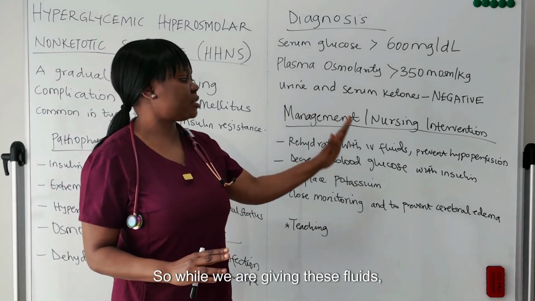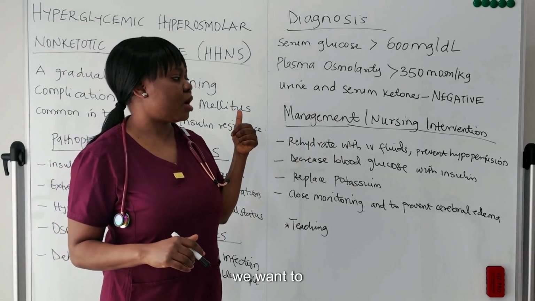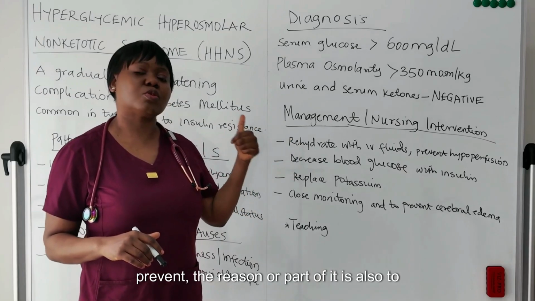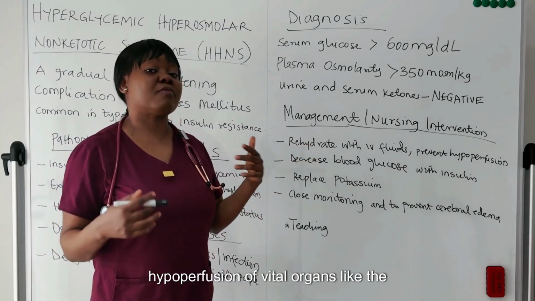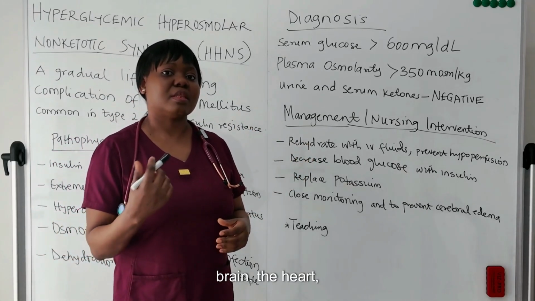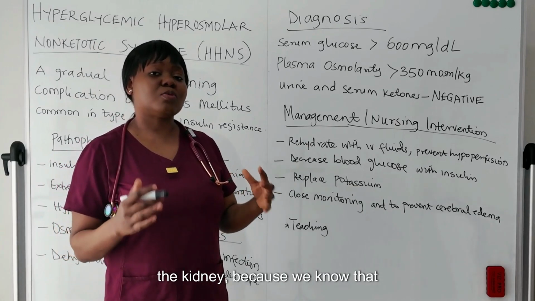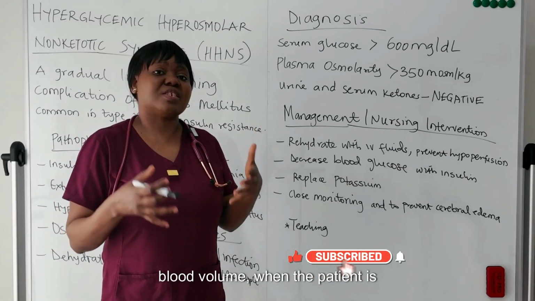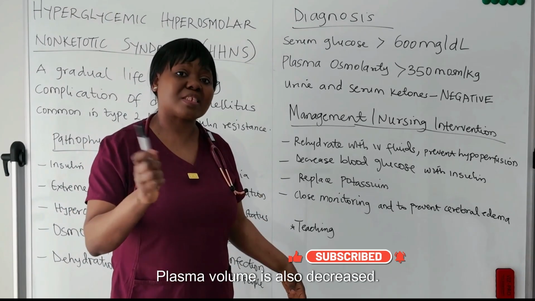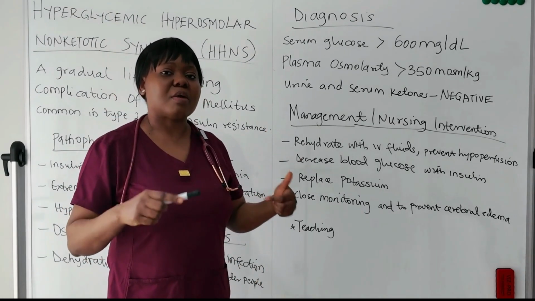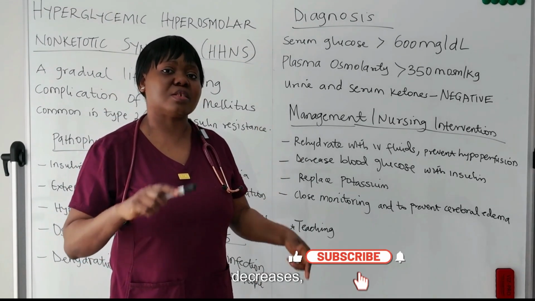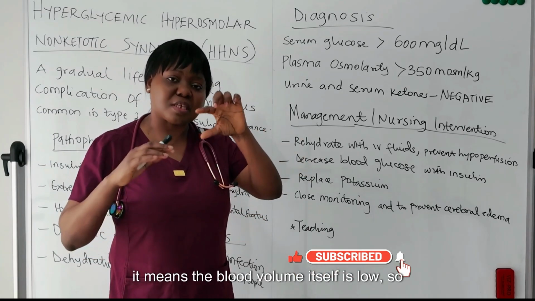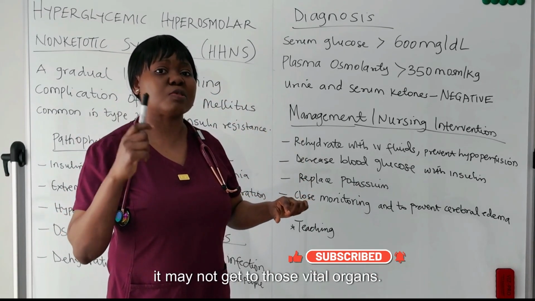While we are giving these fluids, part of the reason is also to prevent hypoperfusion of vital organs like the brain, the heart, the kidney, because we know that when the patient is dehydrated, the blood volume decreases. Plasma volume is also decreased. And when the plasma volume decreases, it means the blood volume itself is low, so it may not get to those vital organs.